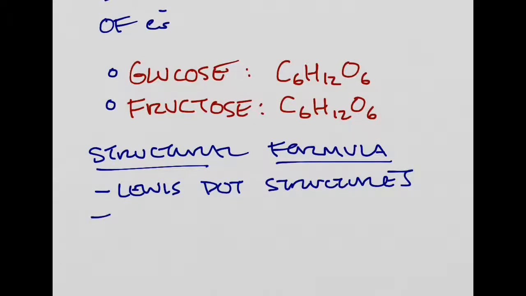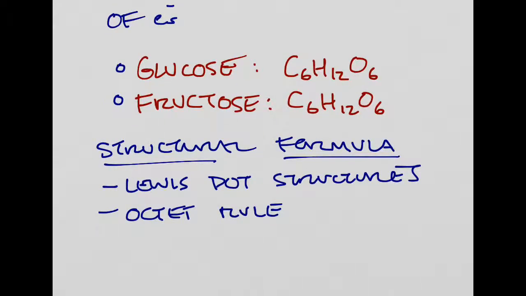And we also are going to be following the octet rule. Remember the octet rule, where you want to satisfy an atom by having 8 electrons in its outermost orbital, or set of orbitals.